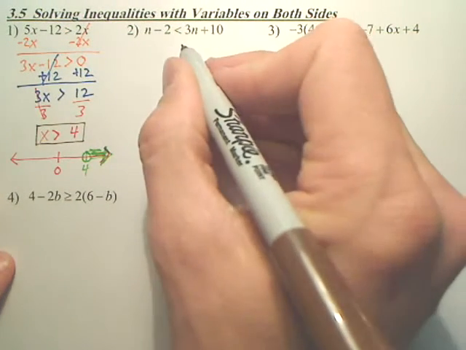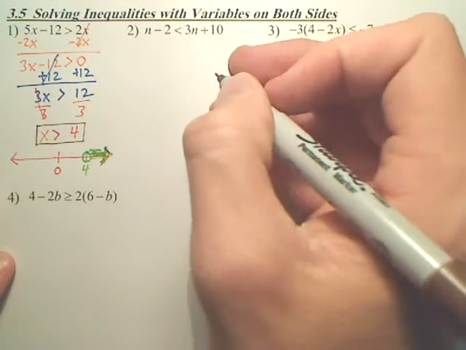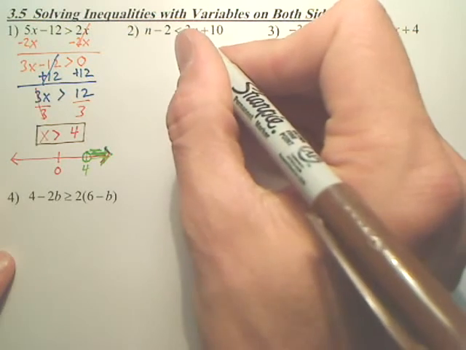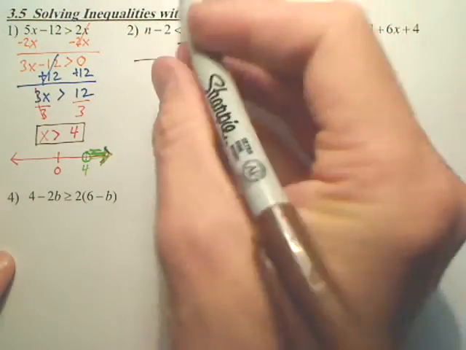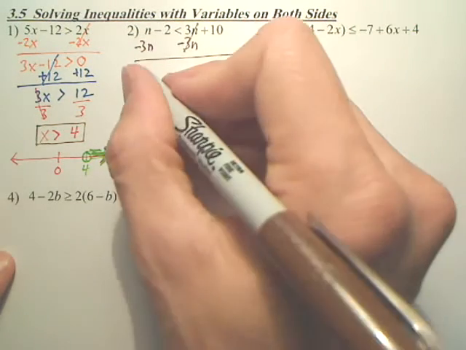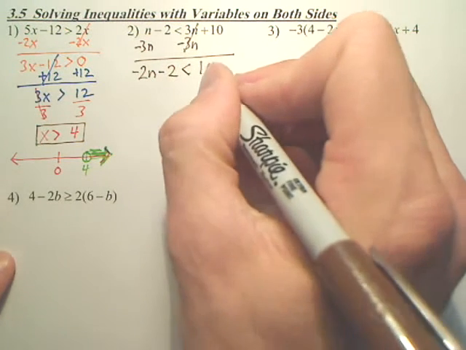Okay, number 2. I want to solve this, so I want to get n on the left side. So I've got to get rid of this 3n, so I'm going to minus 3n. Cancel it. But I've got to do that to both sides. That gives me negative 2n minus 2 is less than 10.